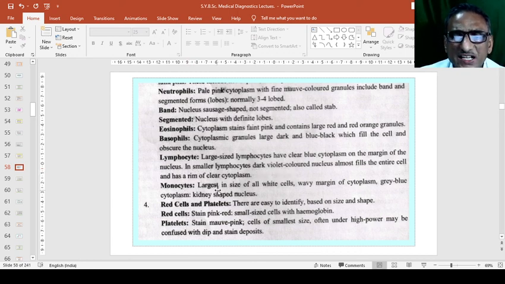Monocytes are the largest of all white cells, with a wavy margin of cytoplasm and a kidney-shaped nucleus. Red cells and platelets are easy to identify based on size and shape. Red cells are stained pink, whereas platelets are mauve pink, or faint pink.